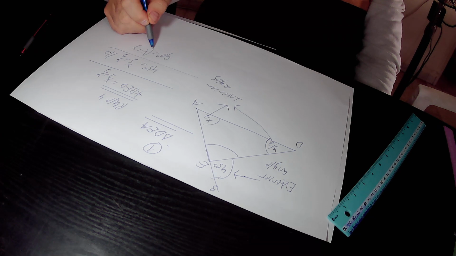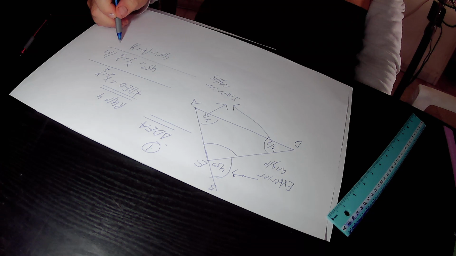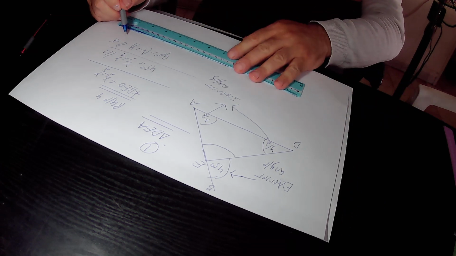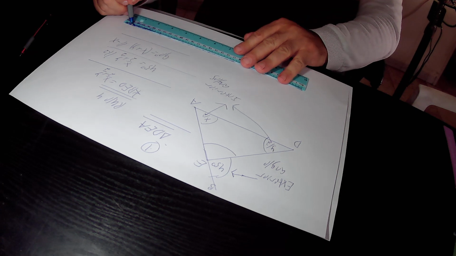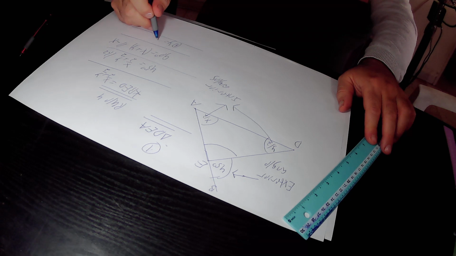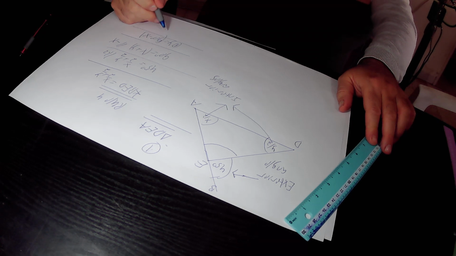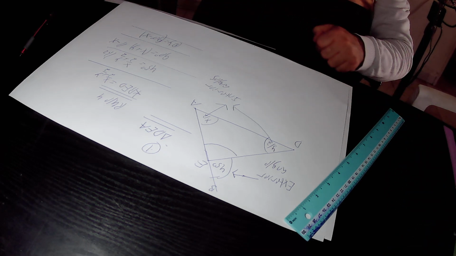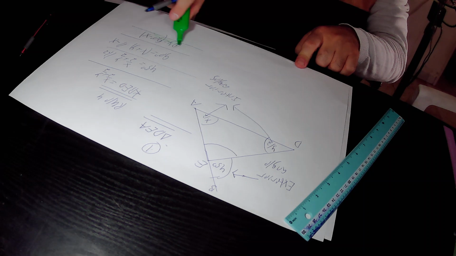So we find out that x plus y equals 90 degrees. We subtract x from this equation, and finally we get that y, this will be equation 1, y equals 90 degrees minus x. And again, according to equation 1, y equals 90 degrees minus x.